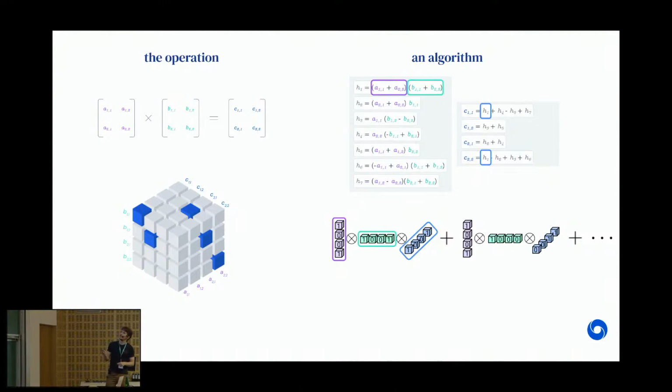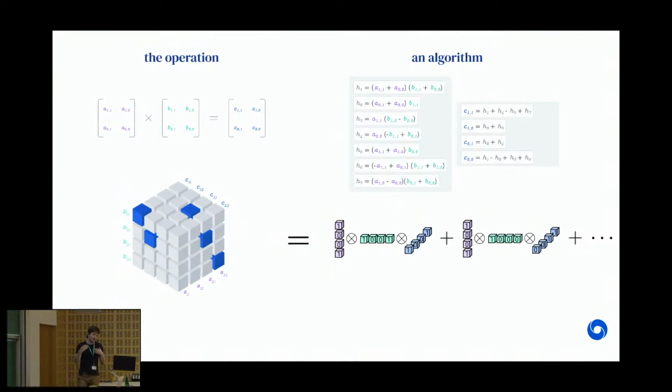And then the third vector tells us to which entries in the output C we should add the product. So here we have 1001, so we add it to the first and the fourth entry of the output matrix. And similarly, we have this for every multiplication in the algorithm. The statement that Strassen's algorithm is correct corresponds to saying that this decomposition is a valid decomposition of this tensor, so we have an equality here.